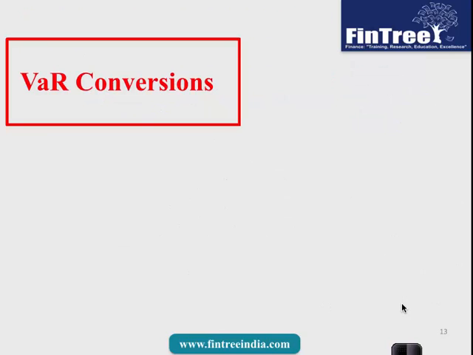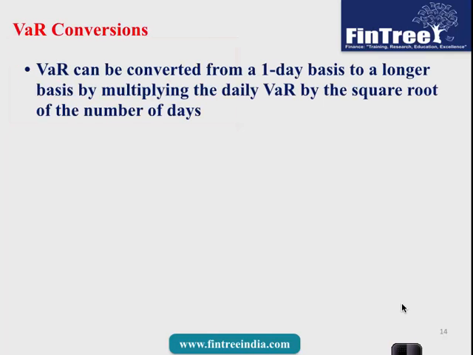Alright, so now in this section we discussed how do you convert VaR from different frequency or different time horizon. So VaR can be converted from 1 day basis to a longer basis by multiplying the daily VaR by the square root of the number of days. So if you want to convert to a week, you will multiply by root 5, 5 working days in a week.